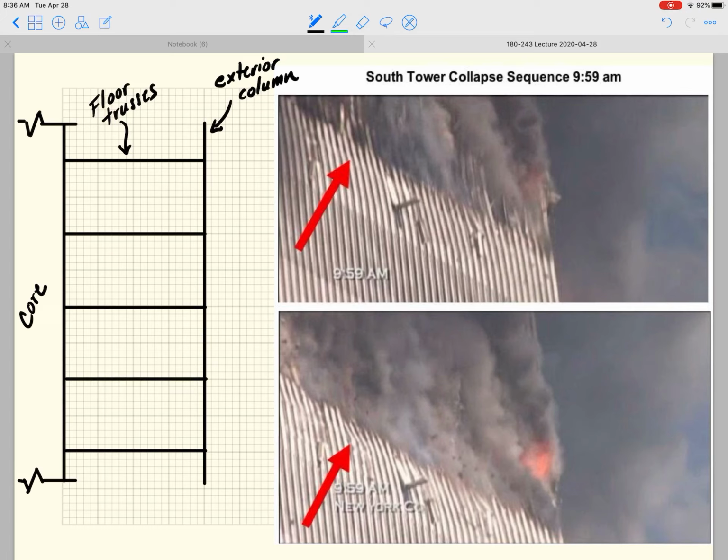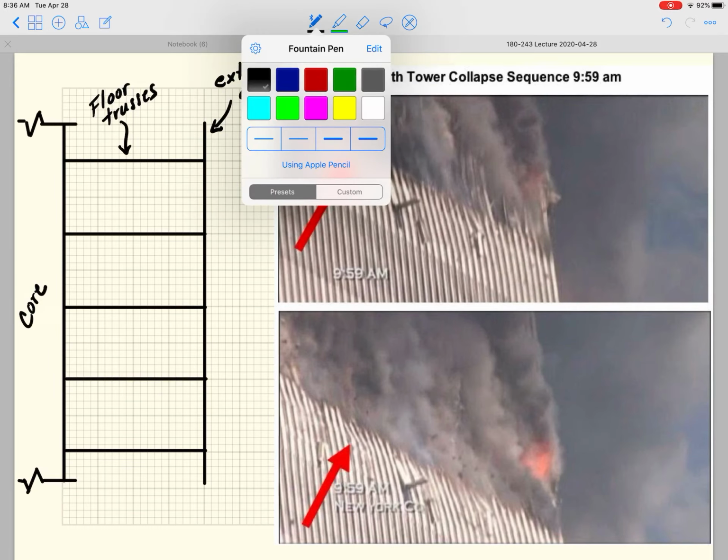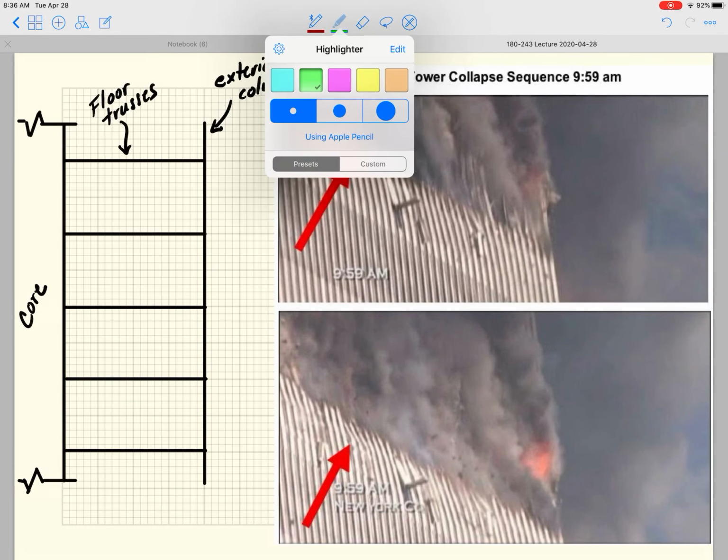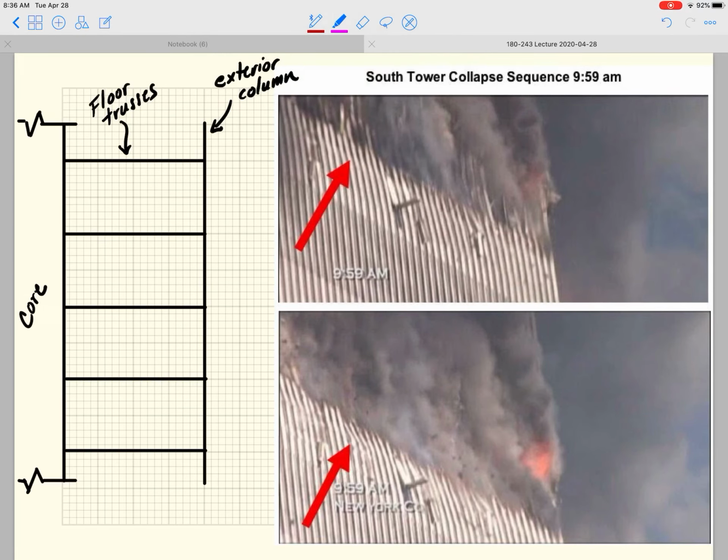Right? So when the planes impacted, in both cases, in fact, they did a few things, right? So let me do this. In fact, let me do this in sort of pink.